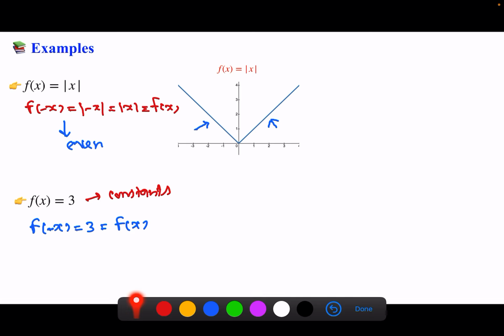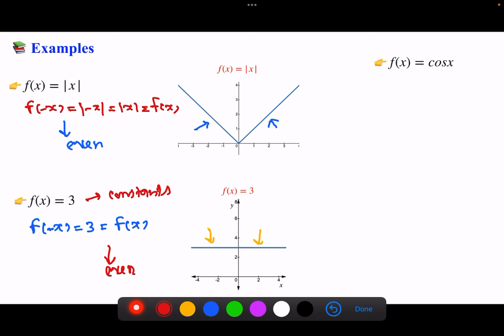So here also the function value at minus x is equal to the function value at x. So mathematically it is an even function. If we draw the graph of this function, see, the left side of the graph is the mirror image of the right side with respect to the y-axis. So it is an even function.